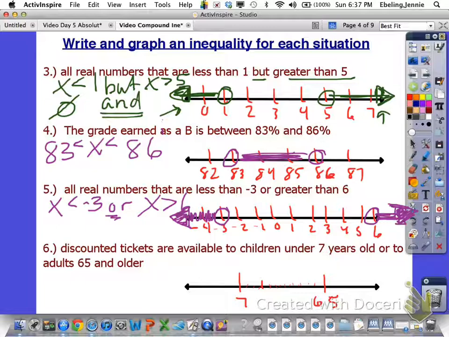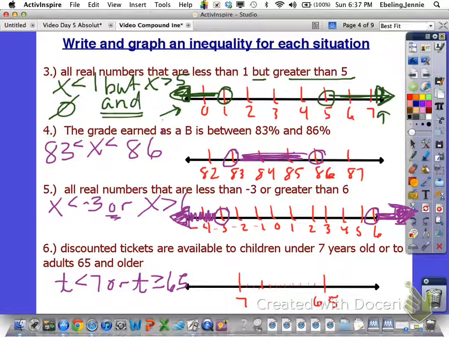This last example, discounted tickets are available to children under 7 years old. So if I do tickets as my, say, T. So children under 7, so T less than 7, or to adults 65 and older. Tickets greater than or equal to 65.